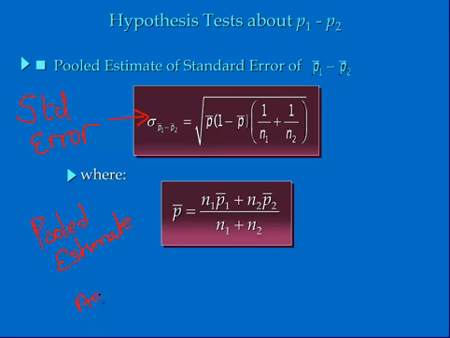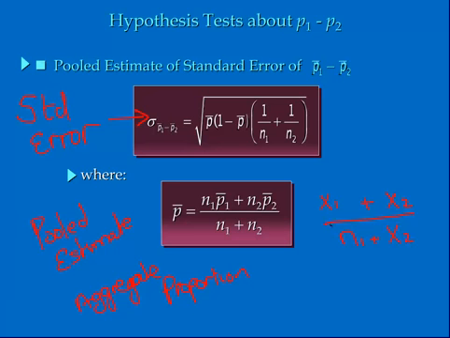So this is an aggregate proportion, essentially, disregarding which group it is in. Another way you can write that is n1 times p hat 1 plus n2 times p hat 2, which is simply the number of successes for population 1 plus the number of successes for population 2, all over the total sample size.